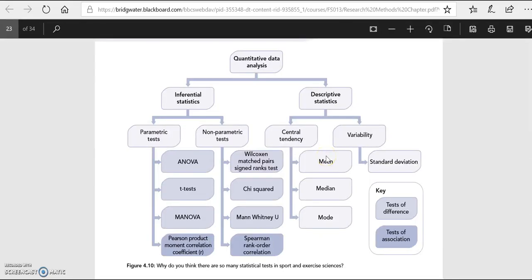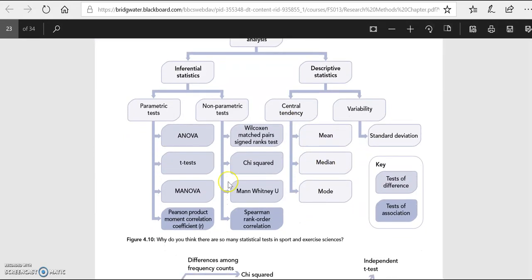I'm just going to explain briefly why we picked the Pearson test. Because it's interval data, so it's inferential statistics and it's parametric data. So we come down to this one here, and then we go down here and it says Pearson.